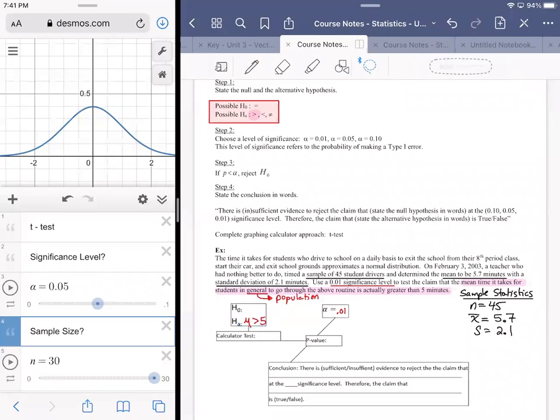Now it's kind of weird to write an alternative before a null, or at least it feels weird, but it's actually pretty ordinary. Because the null hypothesis is what you would consider to be the status quo, the assumed value, the ordinary value, what has always been the case, and this is what we're trying to say is now the case.